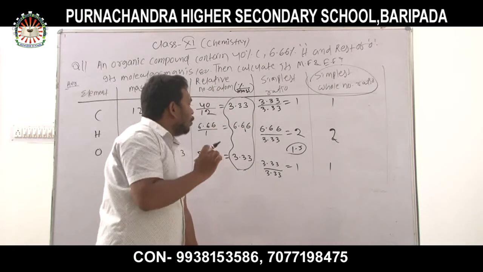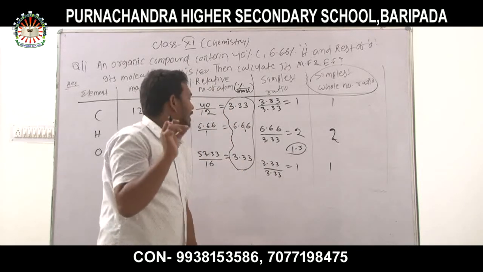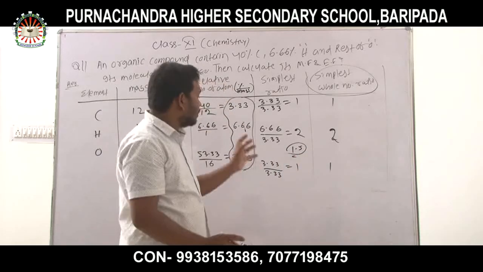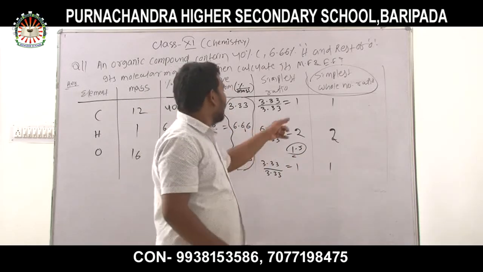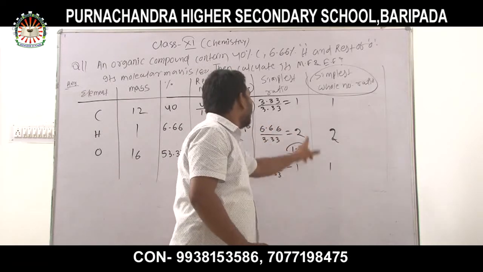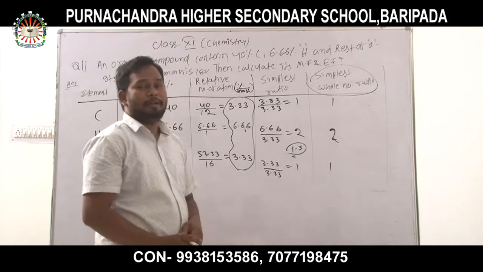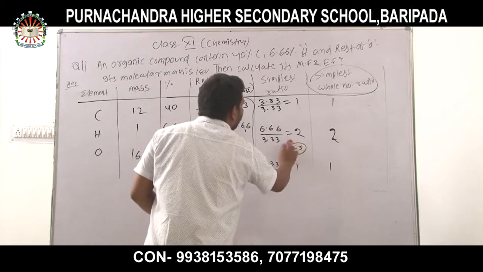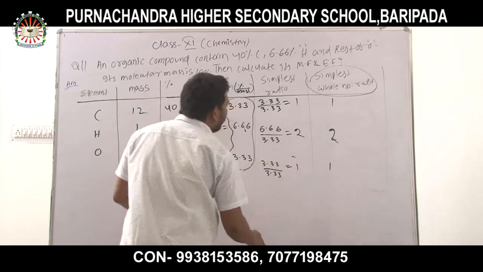At that time we multiply by an integer that converts it into a whole number, applied to all the elements. Then the simplest whole number ratio can be calculated.